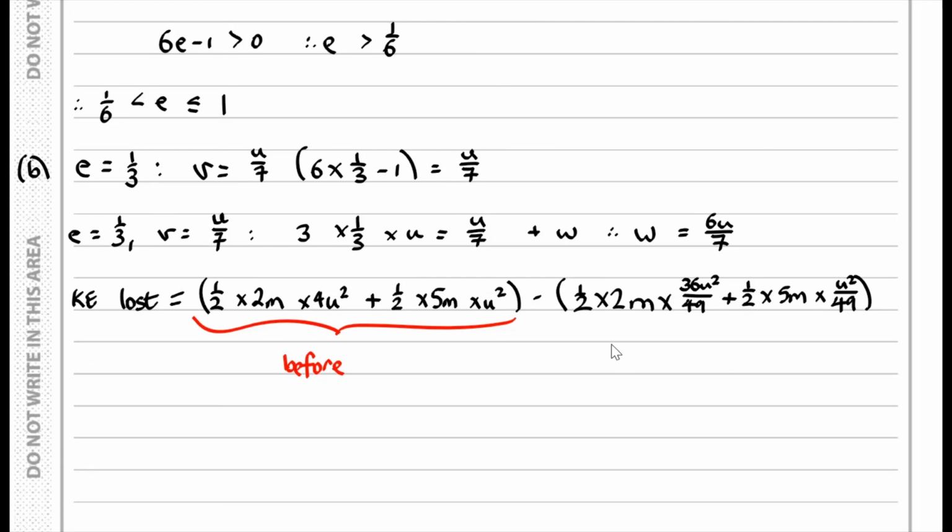This is the situation after. If we simplify all this, the kinetic energy lost is 40 mu squared over 7.